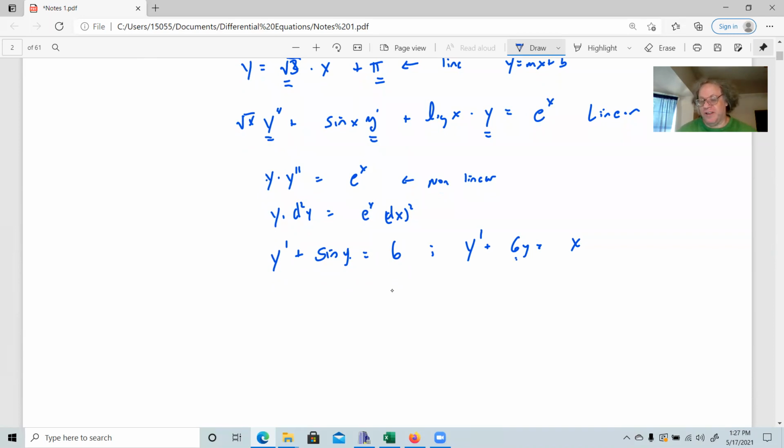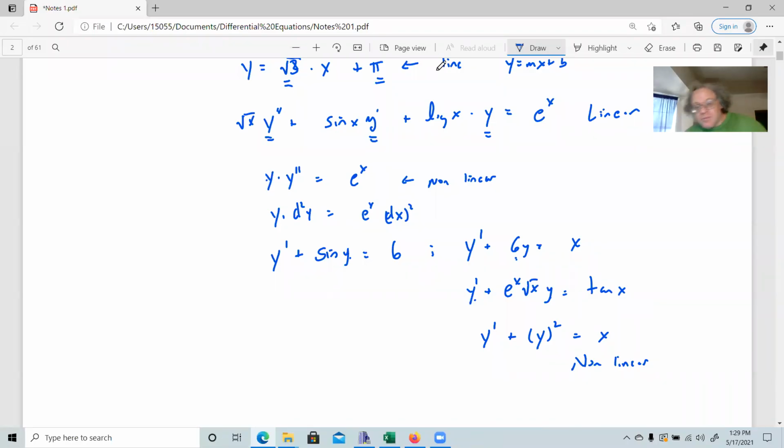Even if it was a crazy e to the x square root of x times y, something terribly nonlinear, again, I wouldn't want to solve this. This is going to be hard, but it's still a linear equation because the y and the y primes are both linear. But y plus y squared is equal to x, now it's nonlinear again. So that's between linear and nonlinear.